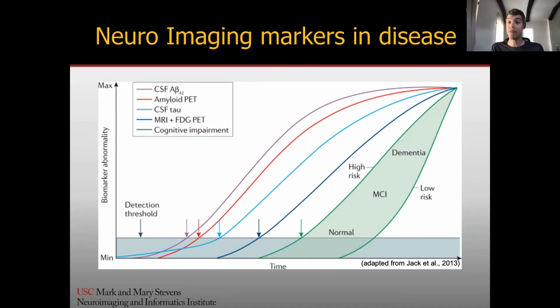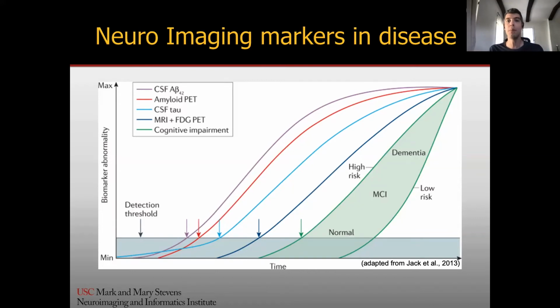These are active areas of research, but this is really important for us, because if we focus on this framework as a longitudinal continuum of Alzheimer's disease, and we obtain these biomarkers at these different time points, we can understand exactly the position of each participant along this continuum.